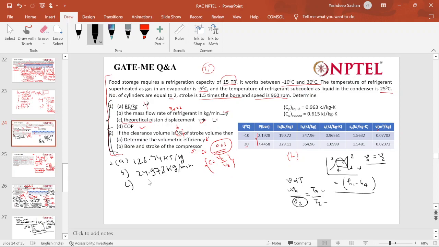C would be the theoretical piston displacement. It is coming in liters. They have given volume, 2.1879, and the COP of the system is 5.72. 5.73. Yeah.